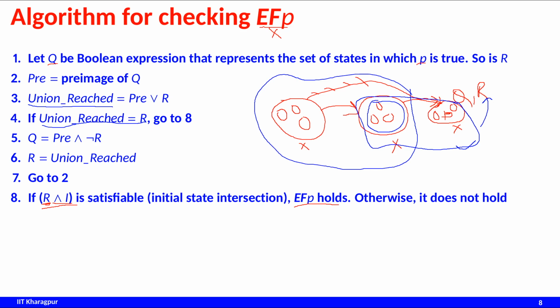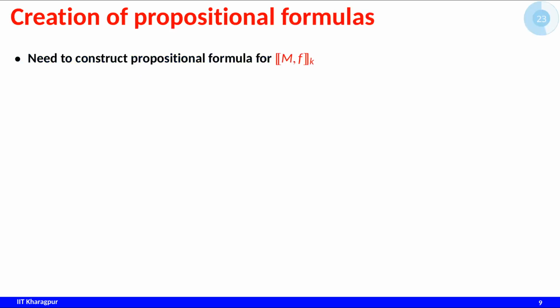Now when we look into bounded model checking, or when we need to convert into a satisfiability model, what we need to do is construct a propositional formula for the Kripke structure and the formula, and there will be a bound k. So I just need to unfold or unroll the formula and the transition system up to k times.